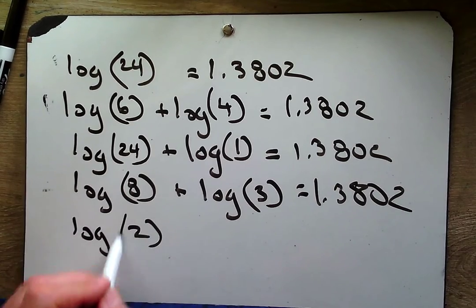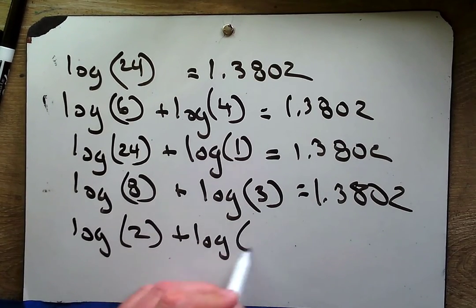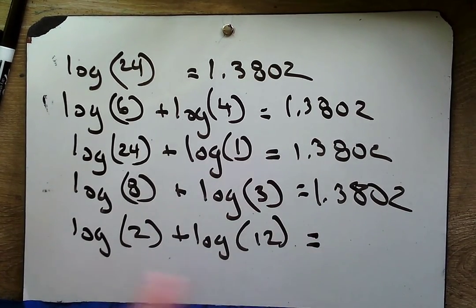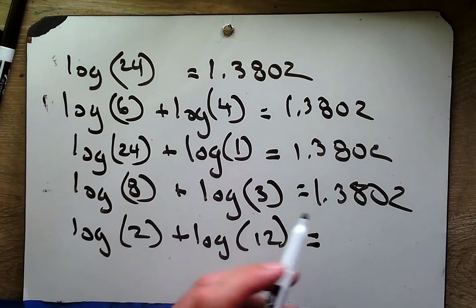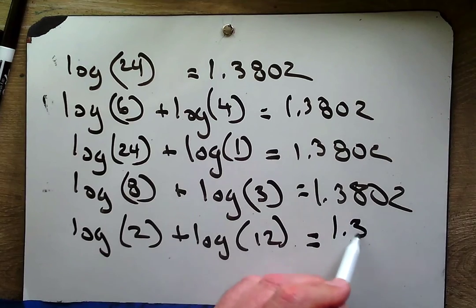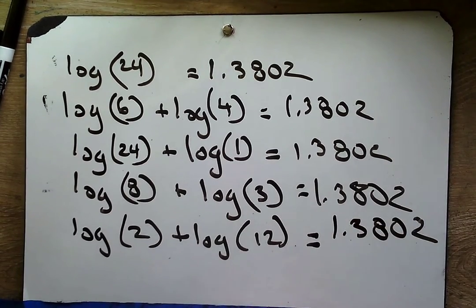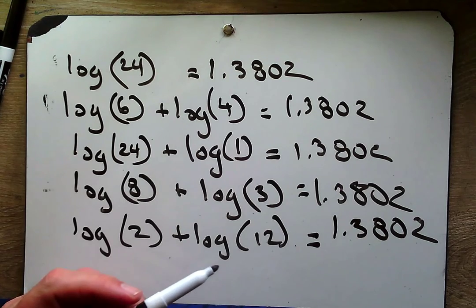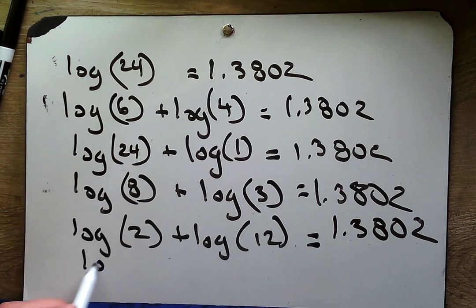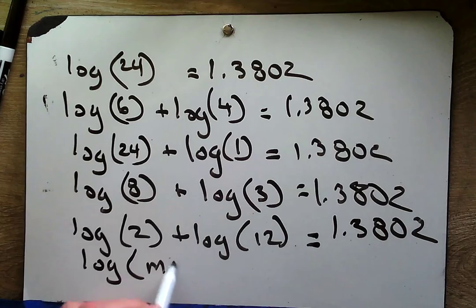log 2 plus log 12? Go on, try that one. I know, right? It's so freaky that that works out that way. It's the same. So I think we can say something about log mn.